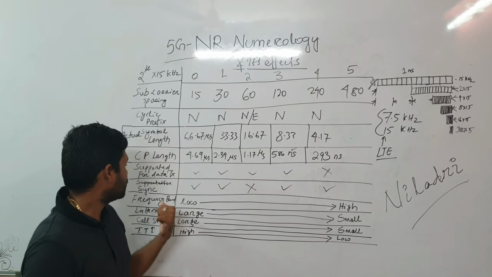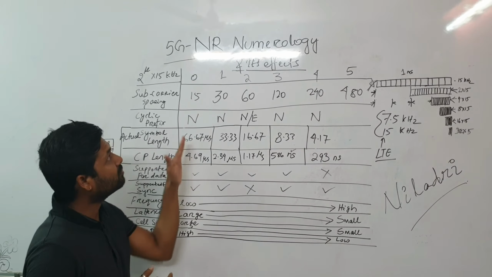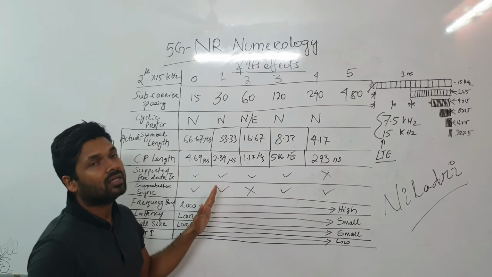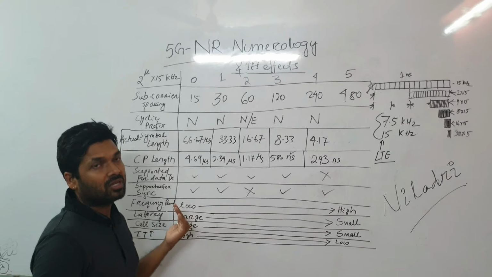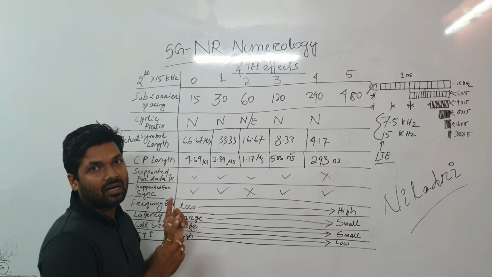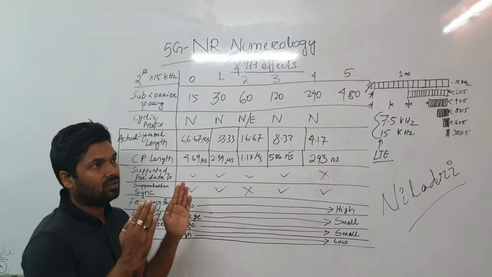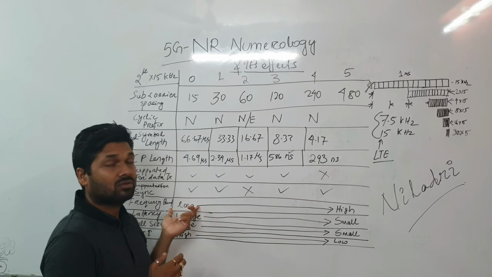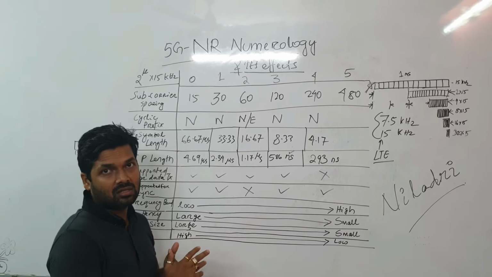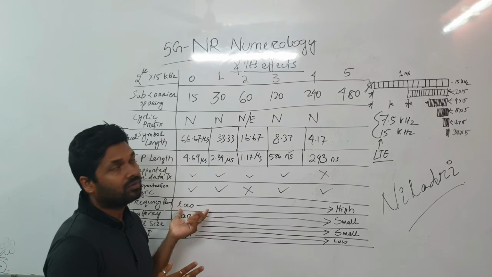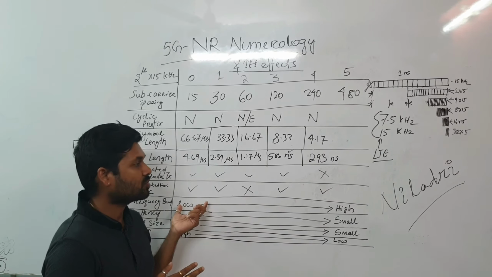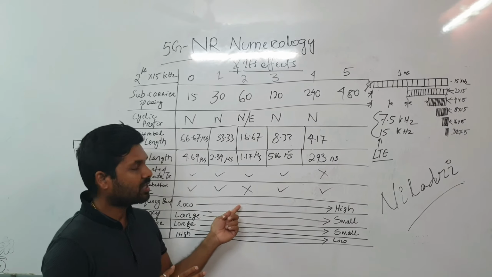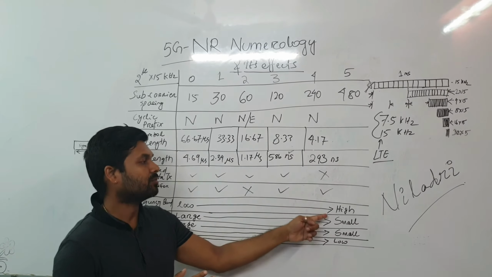Okay, moving on to the frequency band. Definitely for 15 kilohertz, 30 kilohertz, lower subcarrier spacing, we need a low band, that means 3.5 gigahertz range frequency, which we can use for 15 kilohertz subcarrier spacing. Then we have relatively higher frequency bands for higher subcarrier spacing.